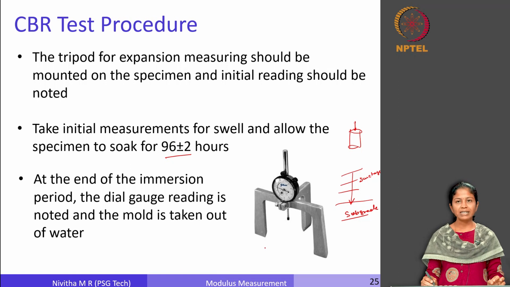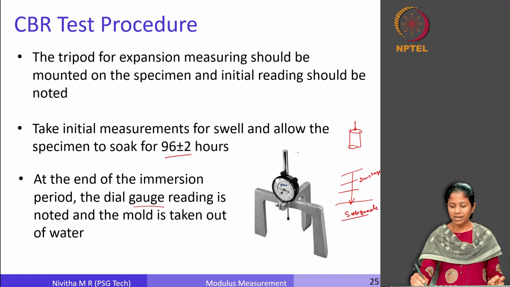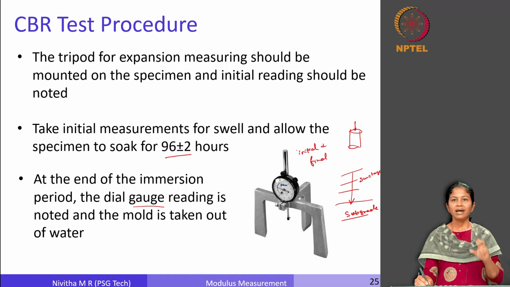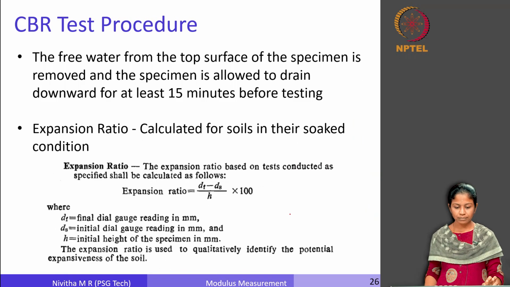So, you soak it for 96 plus or minus 2 hours, and at the end of the immersion period the dial gauge reading is again noted. So, the initial and final reading of this dial gauge is noted, the difference of which is going to tell how much is the swell in the sample.